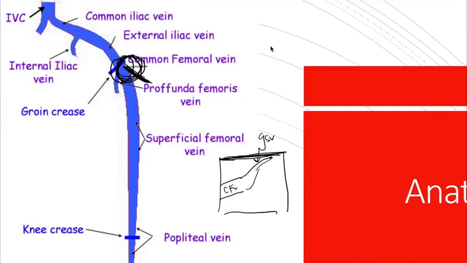I may have said this to you guys before, most people call it SFV, which is superficial femoral vein, but some radiologists have considered this a misnomer, a bad name for this vessel, because we're calling it superficial femoral vein, but it's part of the deep venous system. So should we really call a vessel that's part of the deep venous system superficial, or is that weird? And so some books will just call it femoral vein.